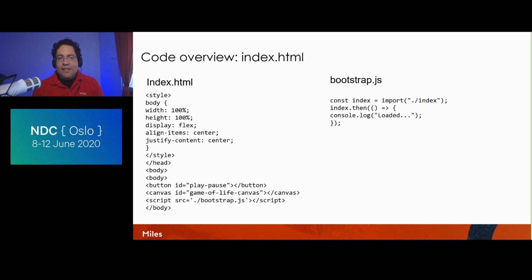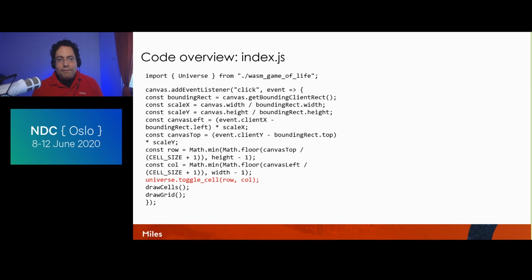Then here in the HTML code, we can just define a bootstrap JavaScript file where we can load our WebAssembly. And then we can just import this universe that we defined in our package. For example, over here, we have just highlighted that you can also call your universe.toggle cell from your JavaScript file.